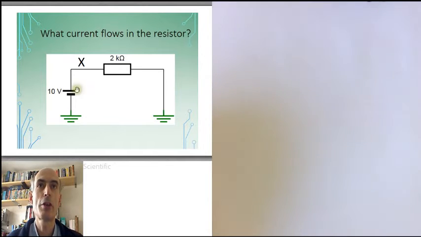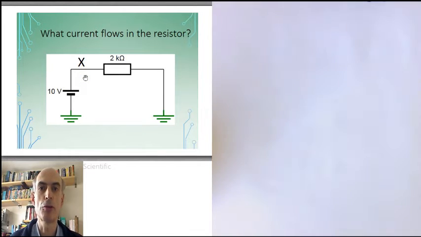We know that the function of this voltage source here is to raise the potential at X 10 volts above the potential at the negative side of the voltage source. We've defined the negative side of our voltage source here as being our local 0 volts. We know that because we've connected it to this ground symbol here, which is telling us that this is our local reference of 0 volts. So X is 10 volts above 0 volts, so X is at 10 volts.